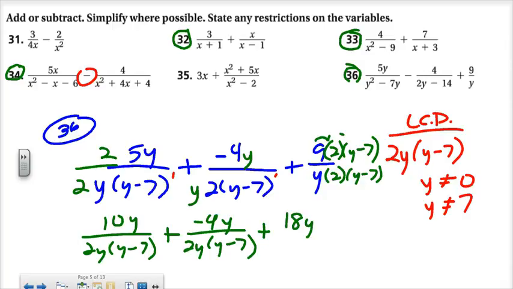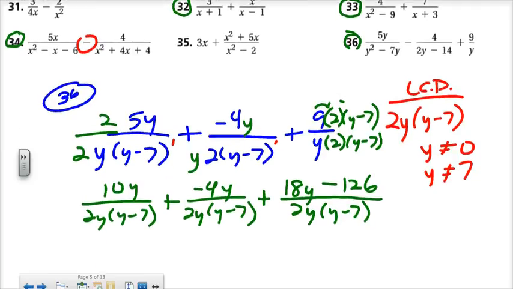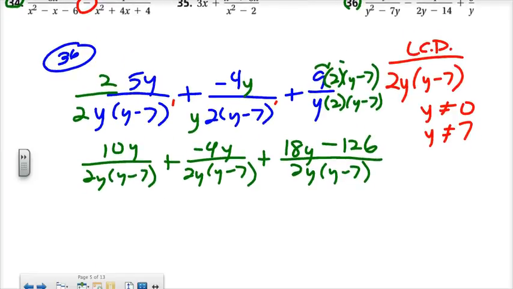So 18y minus, and then we just need 18 times 7, and that's going to give you 126 all over 2y times y minus 7. We can absolutely see our common denominator at this point, our least common denominator, and we also see that it's time to do our addition. We have everything that we need lined up once we have that common denominator.